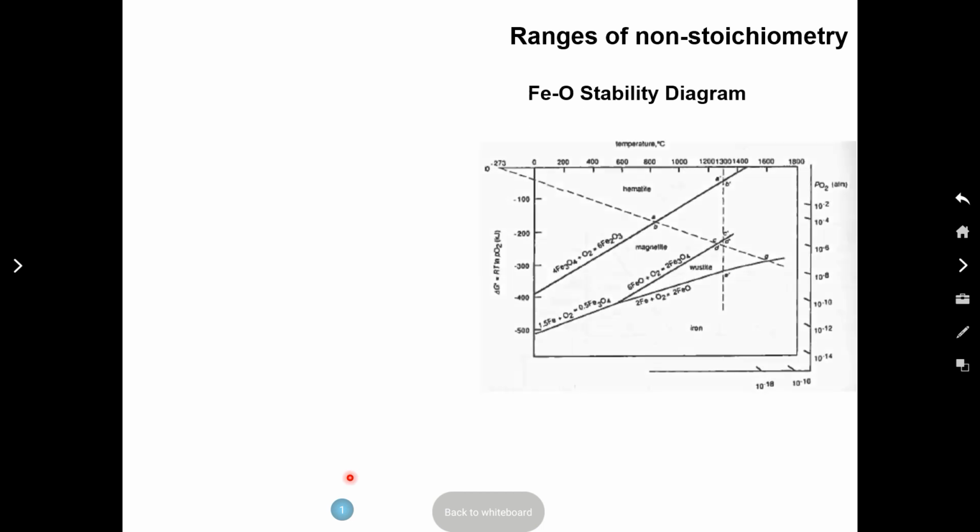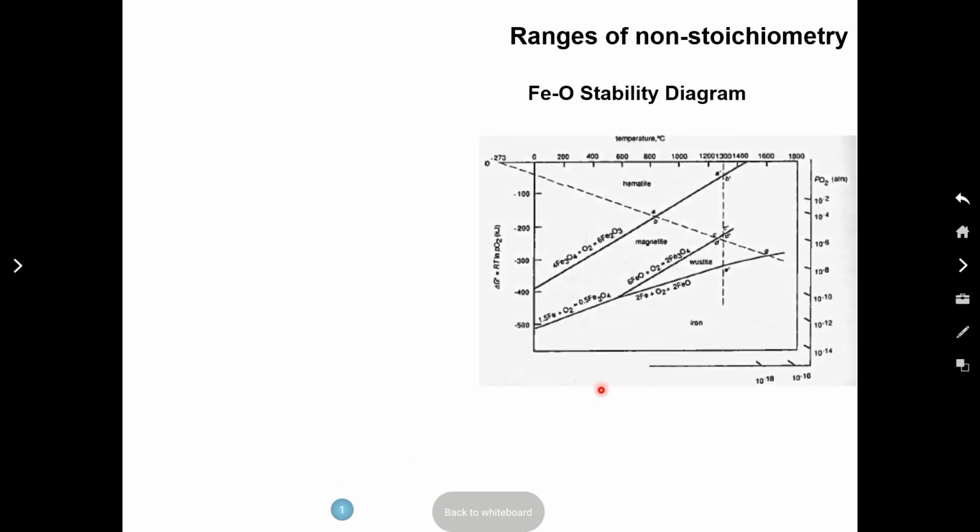You can see some stability diagram that shows these two boundaries will determine the level of non-stoichiometry that is created, something like Fe3O4. And that's an important parametric method.